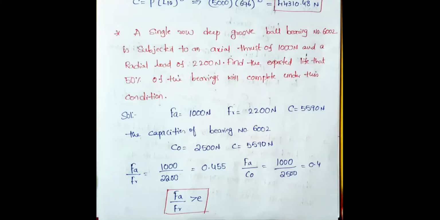Then X value is 1 and Y value is 0. If it is more than E, X is constant at 0.56 and Y varies.